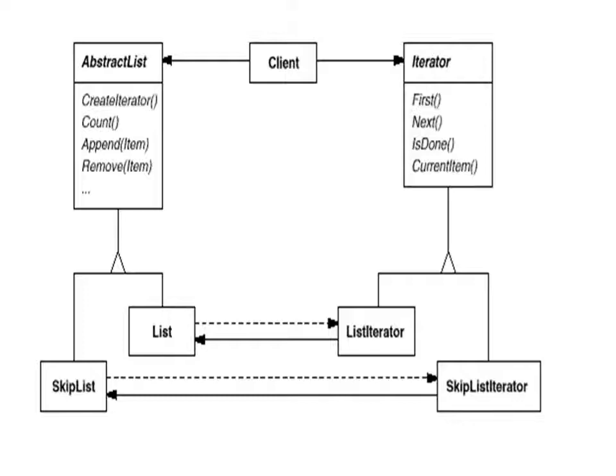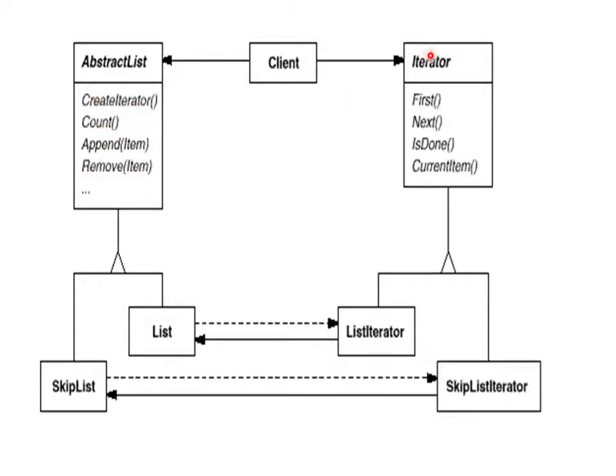The list iterator class means whatever the first item, next item, done item, or current item is performed. See this abstract list, the main abstract list class, which defines create iterator, count, append, and remove.